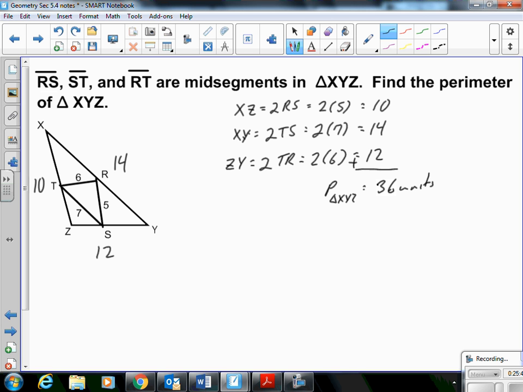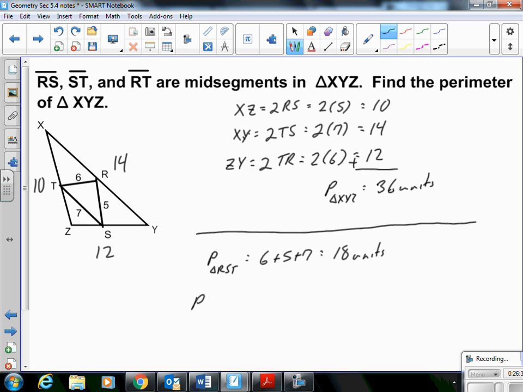So that's one way you could do it. But another way you could have also done this, since the sides are related as a 1-to-2 ratio basically, then the perimeters are related in the same way. So I could have started off by saying the perimeter of triangle RST. I just added all the sides of RST, which would have been 6 plus 5 plus 7, which is 18 units.